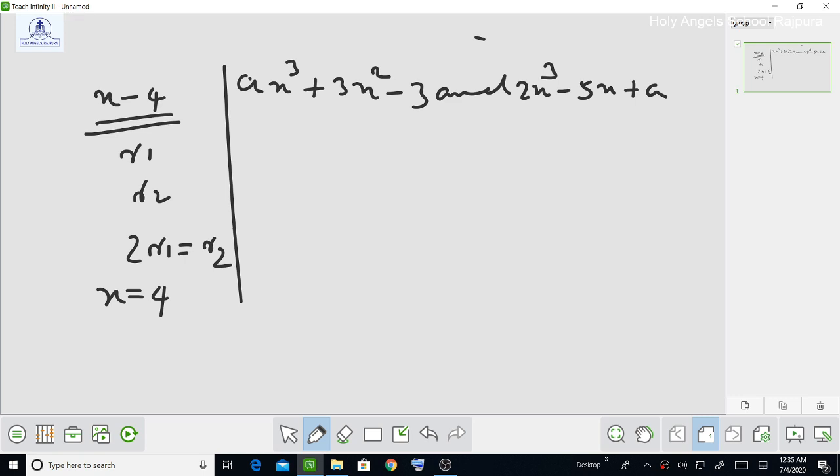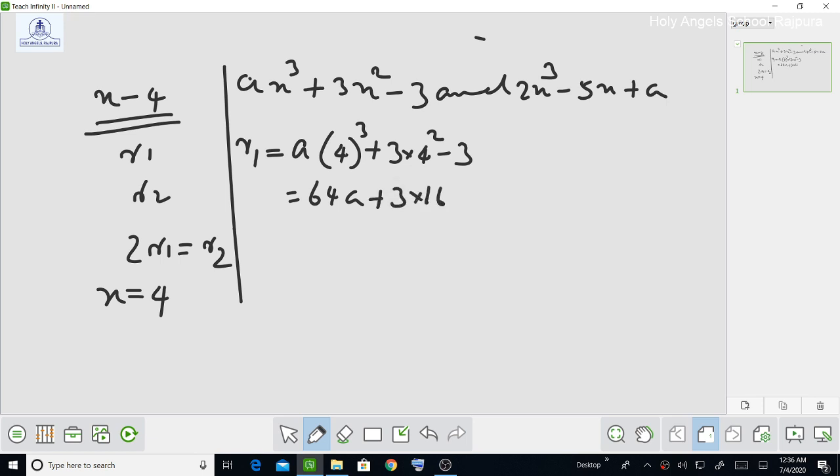The first one, r1, that is the remainder of the first polynomial when it is divided by x minus 4, what we get is r1 is equal to a into 4 cube plus 3 into 4 square minus 3, that is 4 cube is 64, 64a plus 3 into 16 minus 3, that is 64a plus 48 minus 3, that is 64a plus 45.